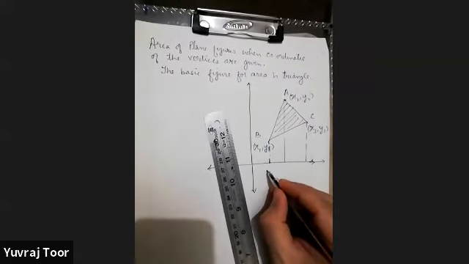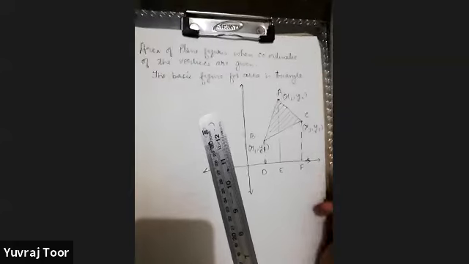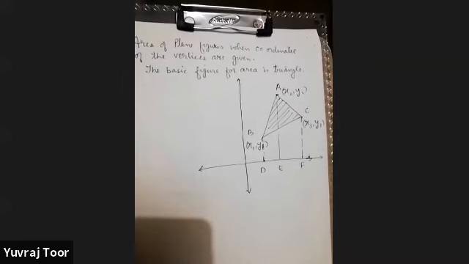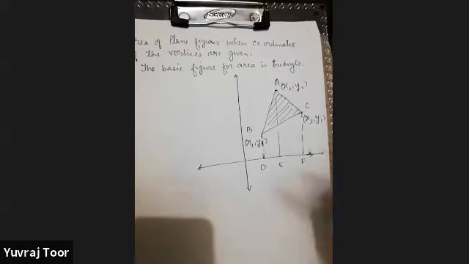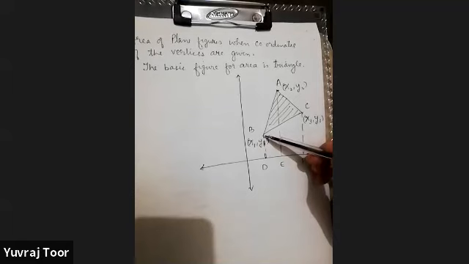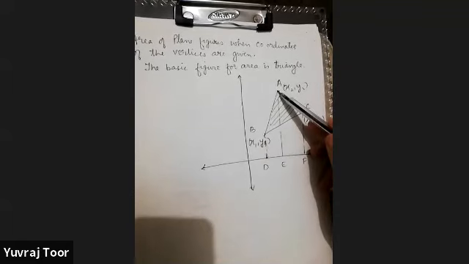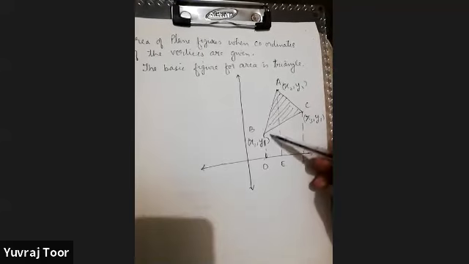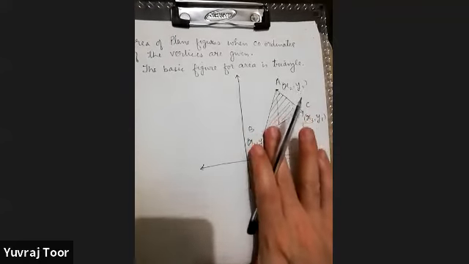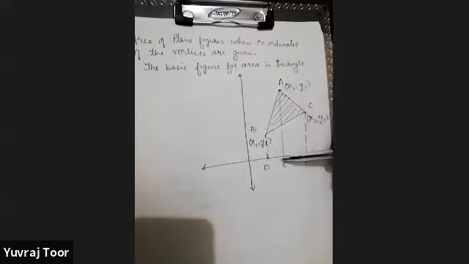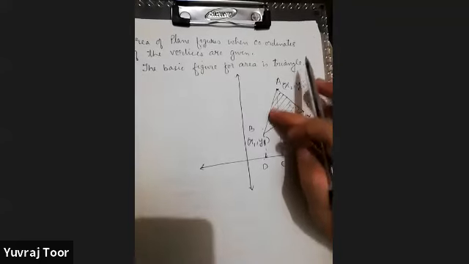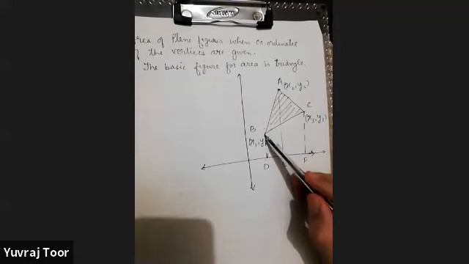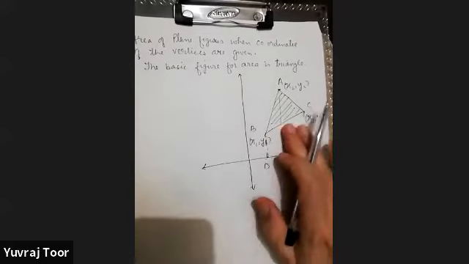I'll mark these points D, E, and F. From the figure we can see, if you calculate the area of BDEA, this is the whole area, this one, and AEFC, again a trapezium, two trapeziums are there, and then subtract this BDFC, the white part.